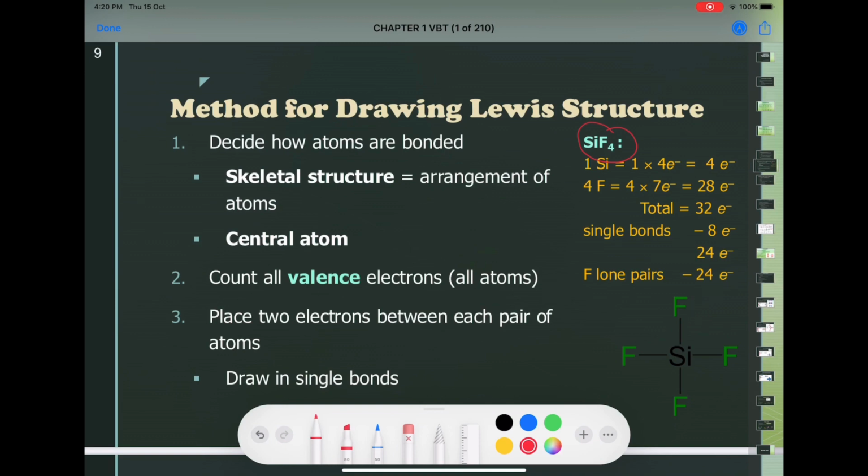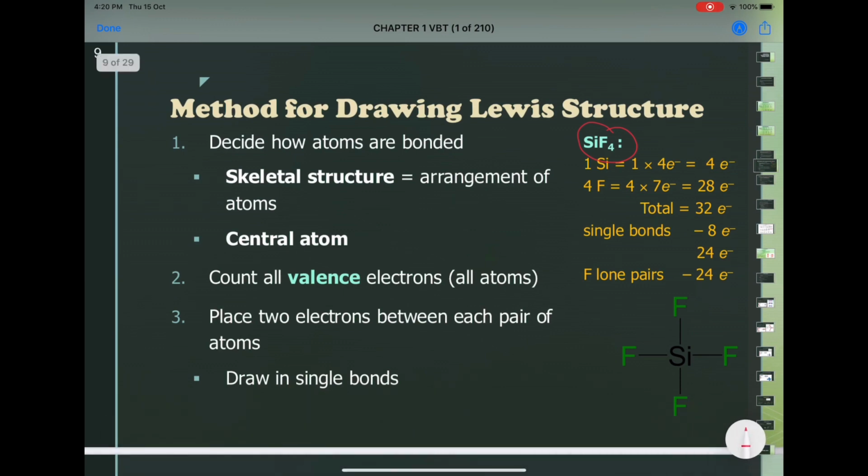We have one silicon and four fluorines, and the central atom is silicon. Then count all the valence electrons of all atoms. For silicon, one silicon gives 1 times 4, because silicon is in group 4, meaning 4 valence electrons. So this is 4 electrons.